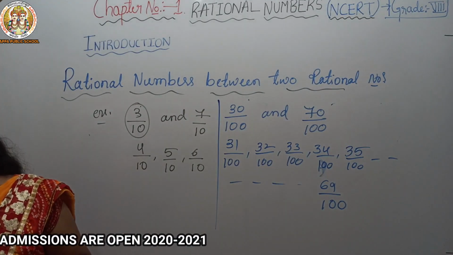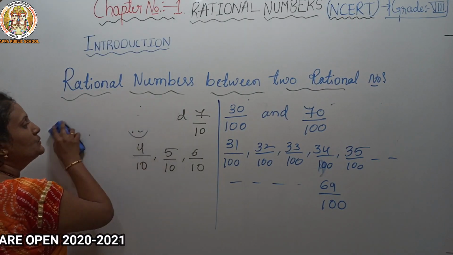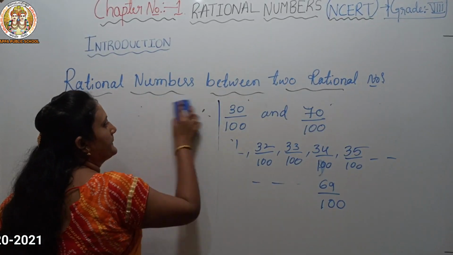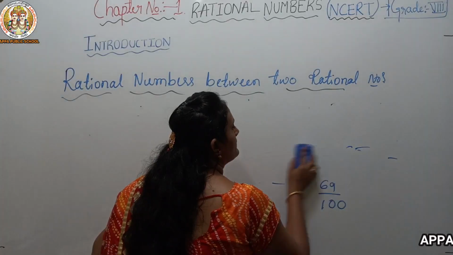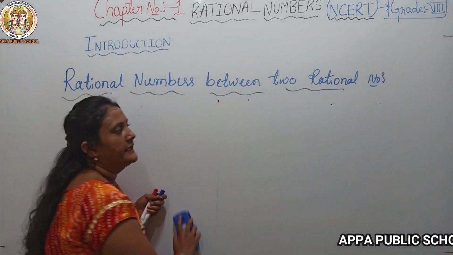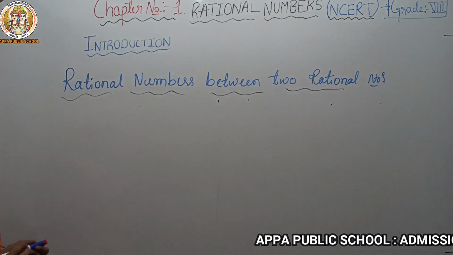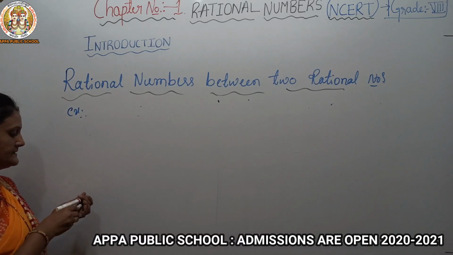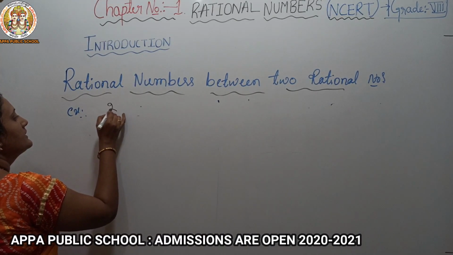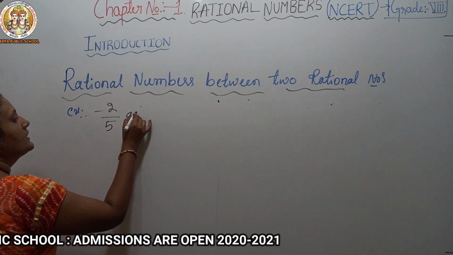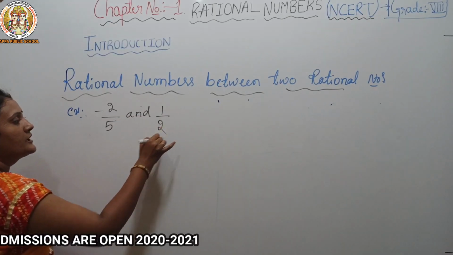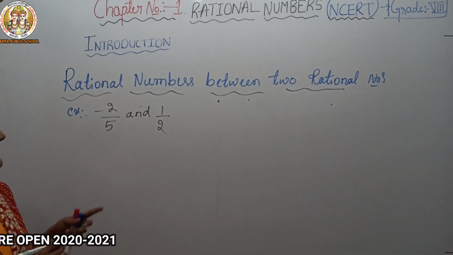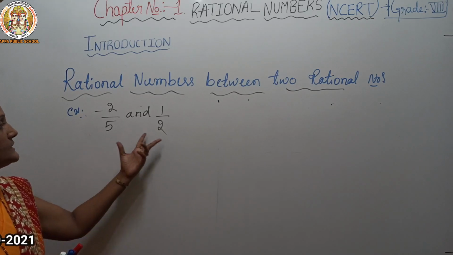Can I take one more example for negative rational numbers? Negative rational numbers. For example, -2 by 5 and 1 by 2. Now we want to write the rational numbers between these two numbers.